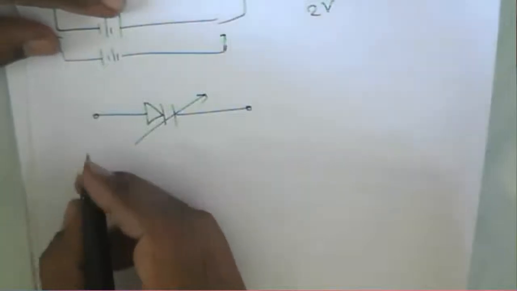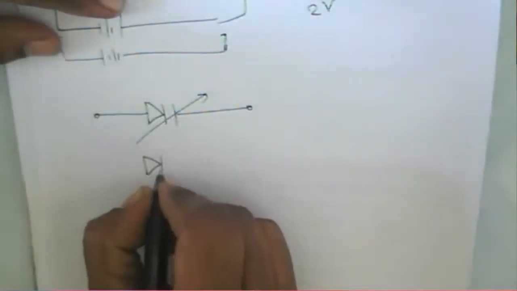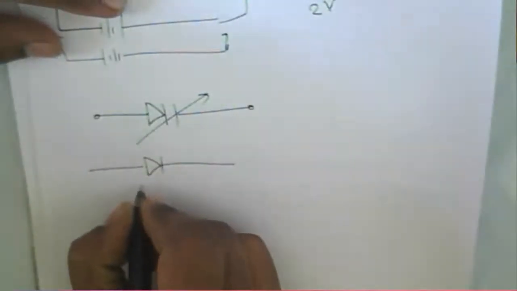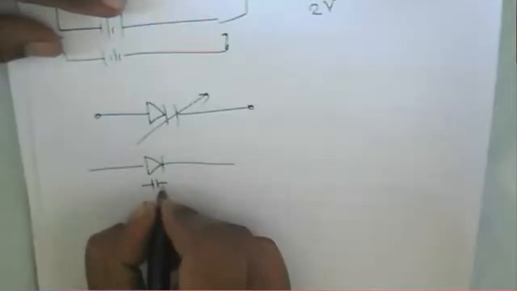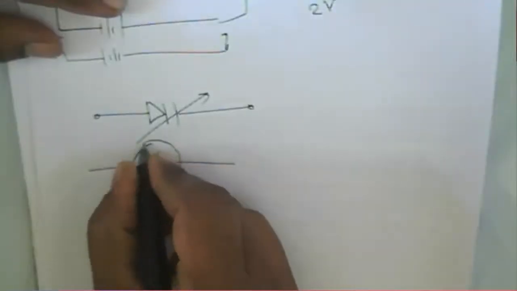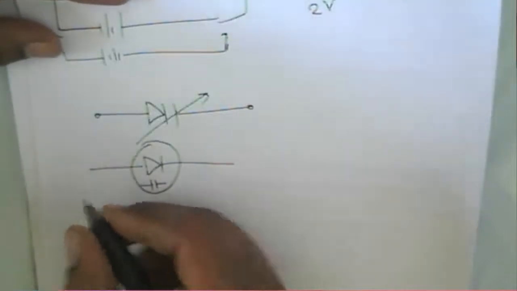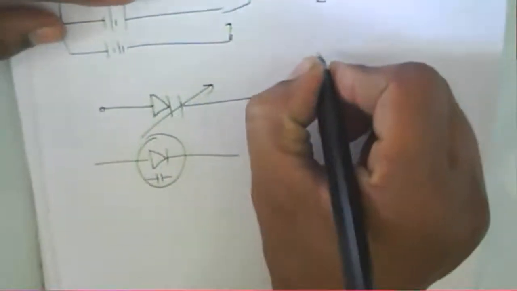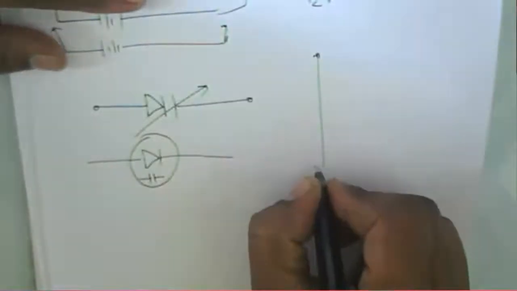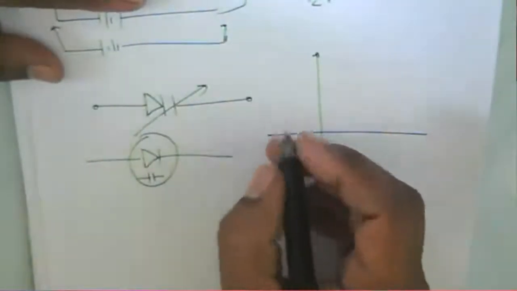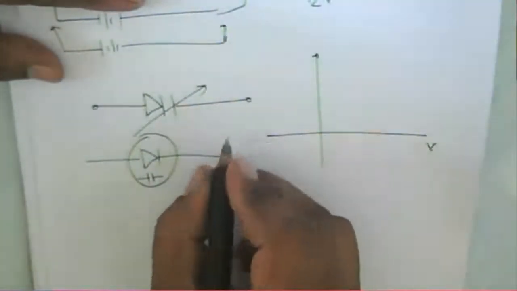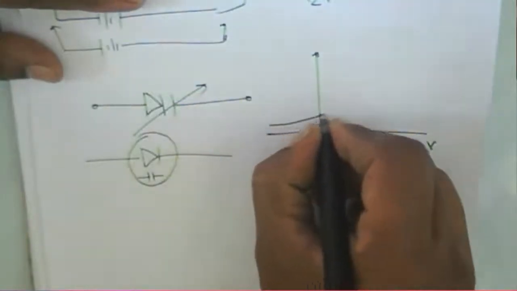The symbol of the varactor diode generally looks like a simple diode, with only a variation, like a capacitor. This is a simple symbol of your varactor diode.